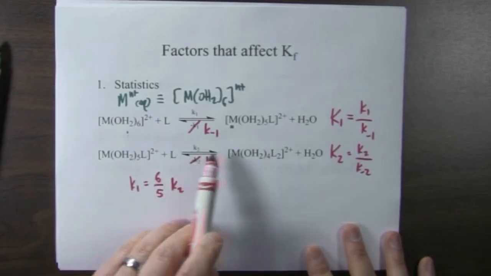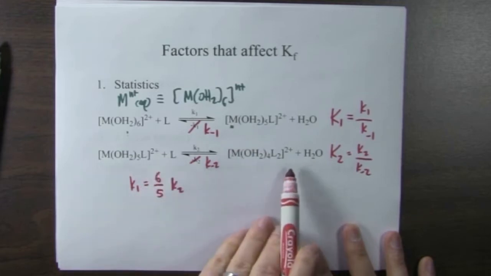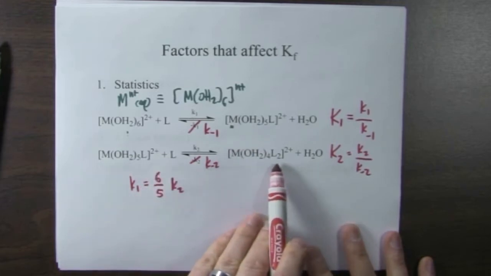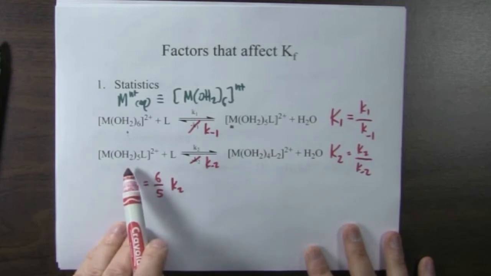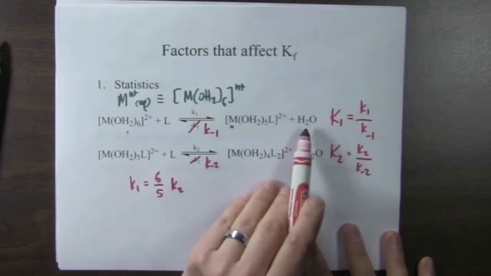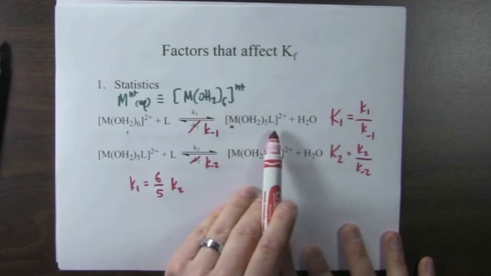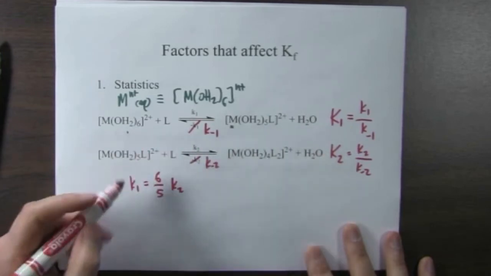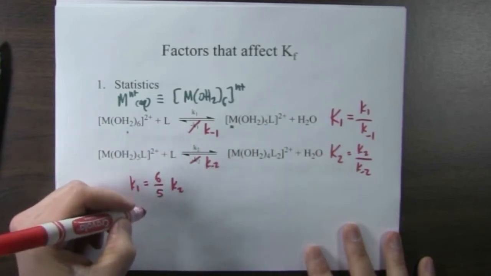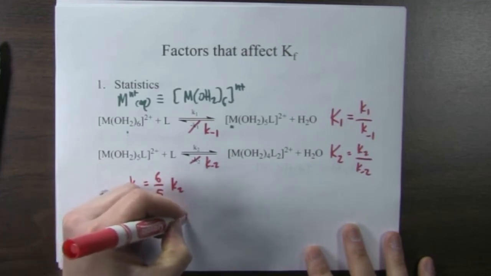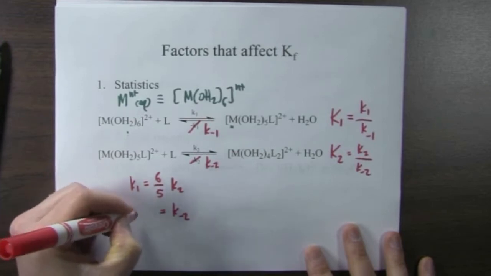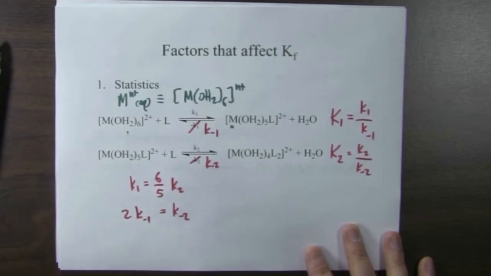Similarly, going back in the reverse reaction, here we have 2 chances for water to displace the ligand to go back to the starting complex. And here we have 1 chance for water to displace the ligand to come back to the starting complex. So in the reverse direction, K of negative 2 is twice as large as K of negative 1.